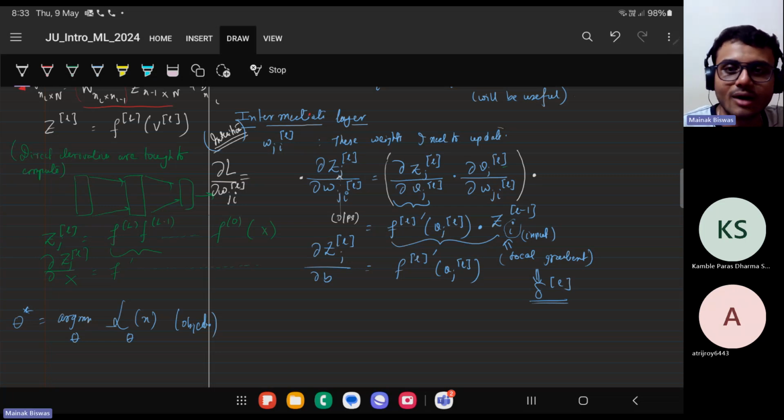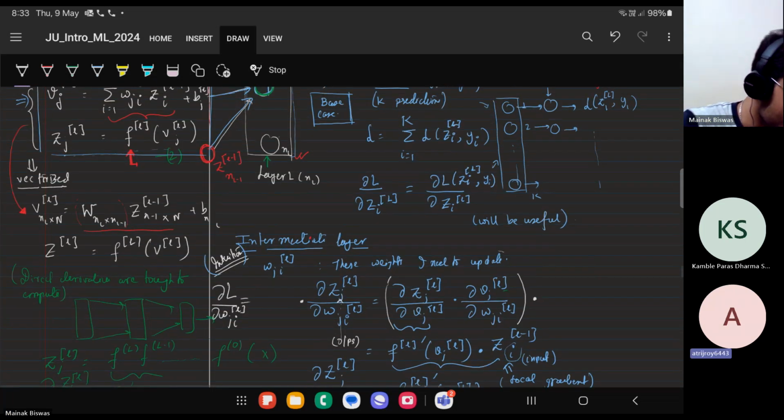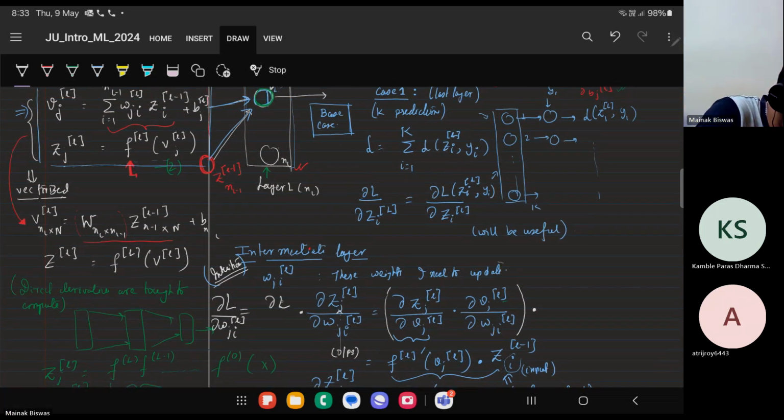I will do that step afterwards because that will help you to complete the story. But let us think that you have the ∂L/∂z_j^L, good. Exactly. ∂L/∂z_j from layer L.